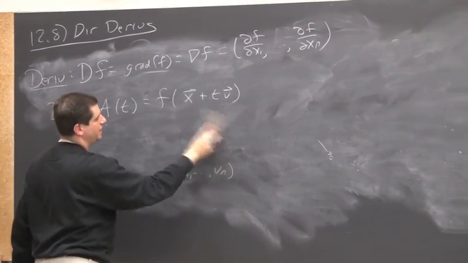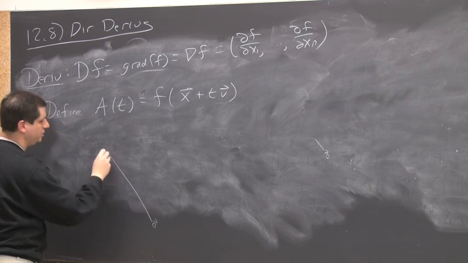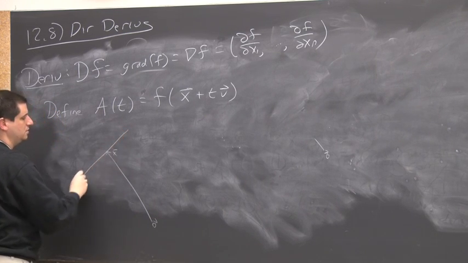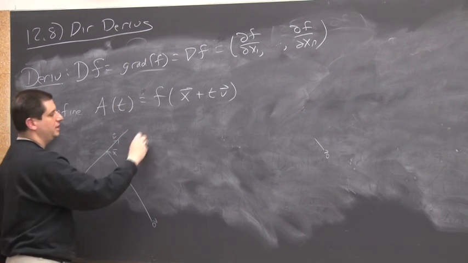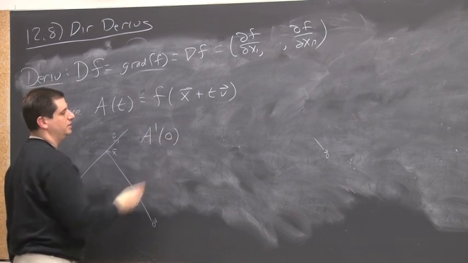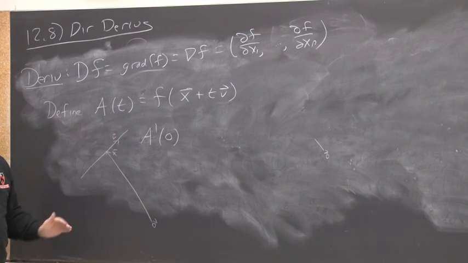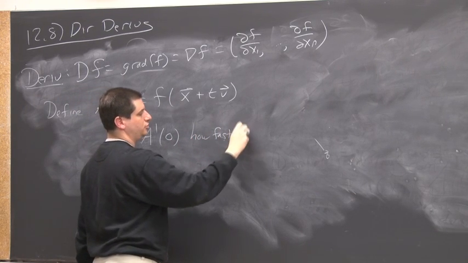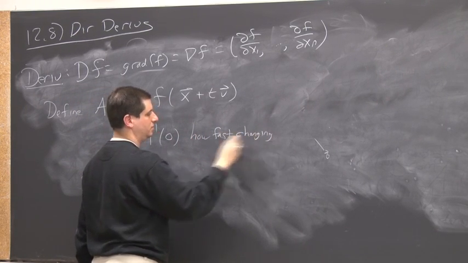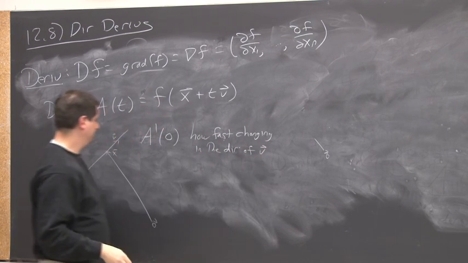So if we return, we have a of t is f of x plus tv. If we think about what's going on, here's the origin, here's my point x, here's my vector v, and if I calculate a prime of 0, this is telling me how fast f is changing in the direction of v.